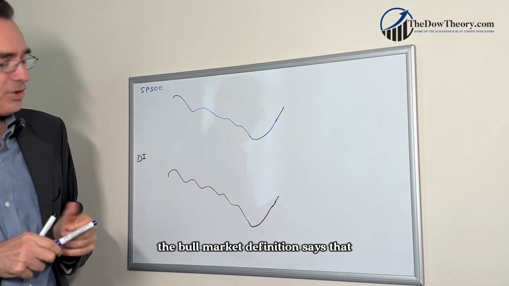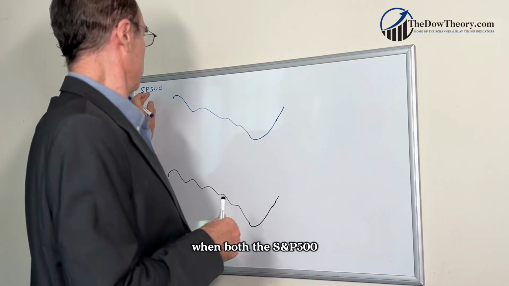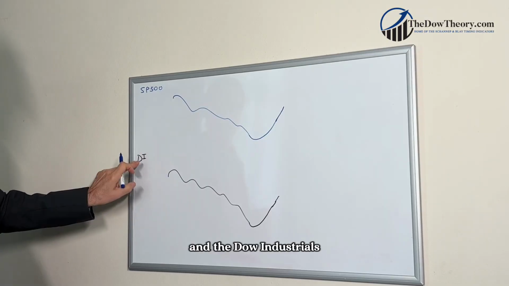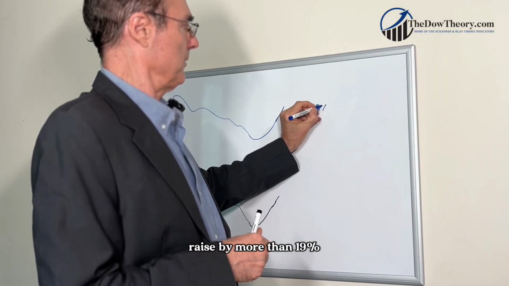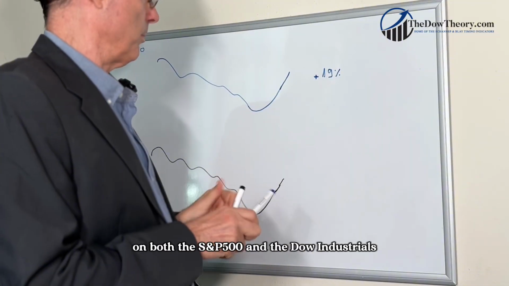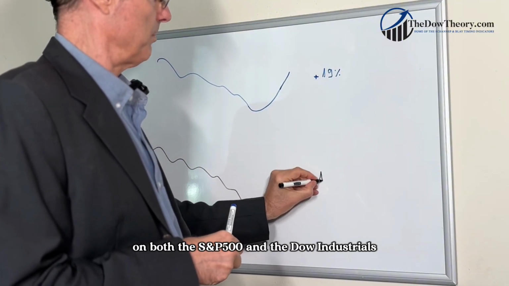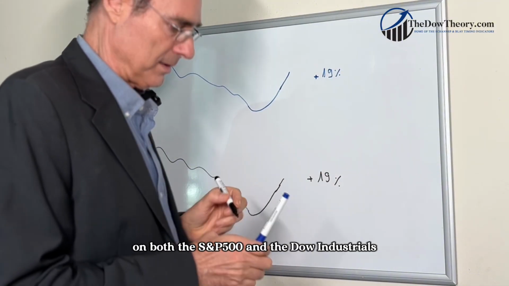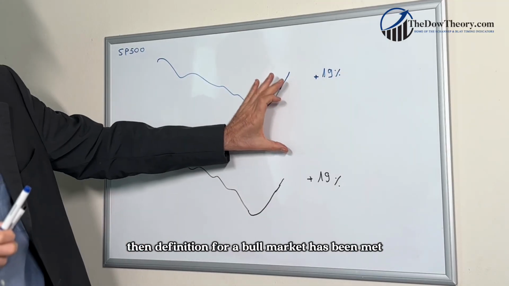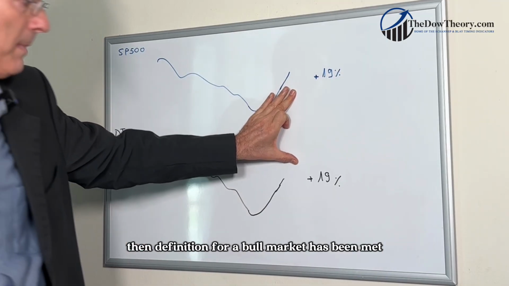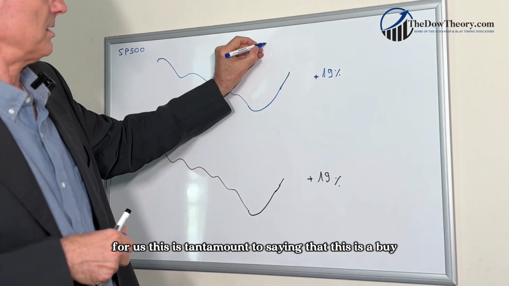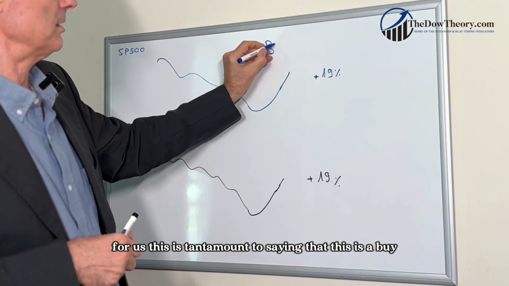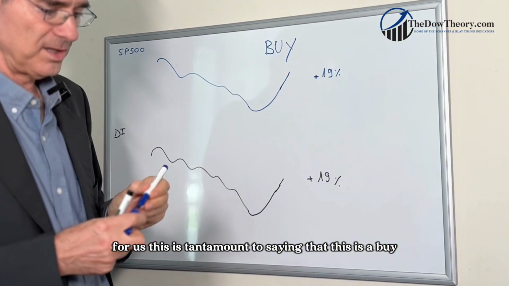The bull market definition says that when both the S&P 500 and the Dow Industrials rise by more than 19%, then the definition for a bull market has been met. Of course, when we are trading, for us, this is tantamount to saying that this is a buy signal.